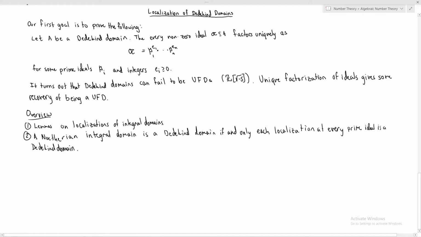Just to remind you what a Dedekind domain is: an integral domain A is a Dedekind domain if three conditions hold. One, A is integrally closed.